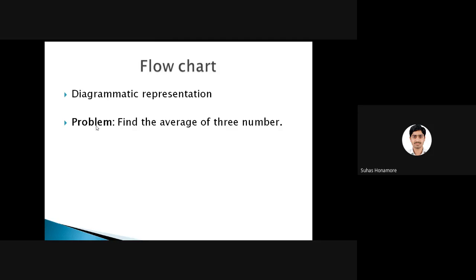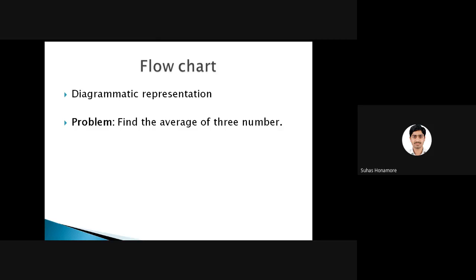So the next thing is a flow chart, that is a diagrammatic representation. Previously we wrote step by step in terms of English letters. Maybe some problem will happen, and if you write like this for a big problem, it will be like writing a page of theory only.